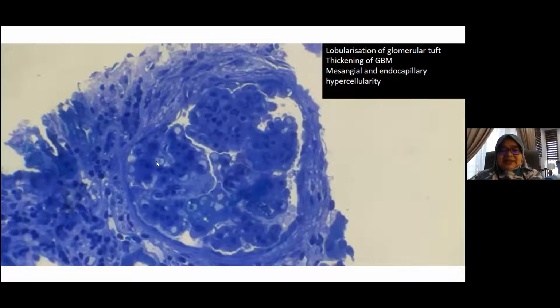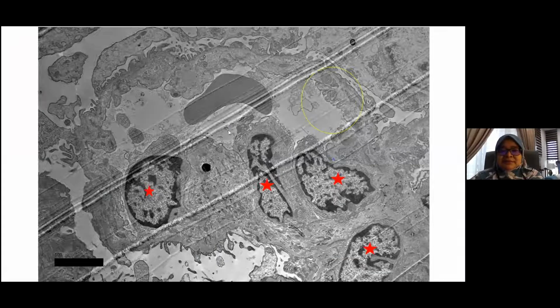Okay, so this is the semithin. There's again the lobularization of the glomerular tuft with mesangial and endocapillary hypercellularity. Orientating ourselves again, this is one capillary loop. These are the red blood cells within the loop. These are the mesangial cells, so increased mesangial cellularity, there's 4 here. In this area we can see some depositions within the basement membrane.